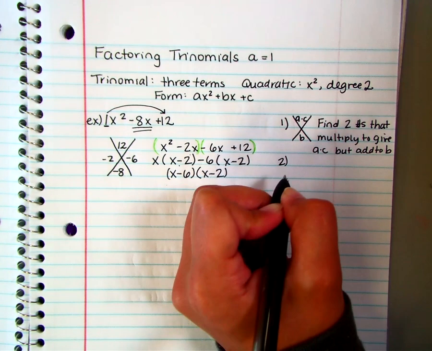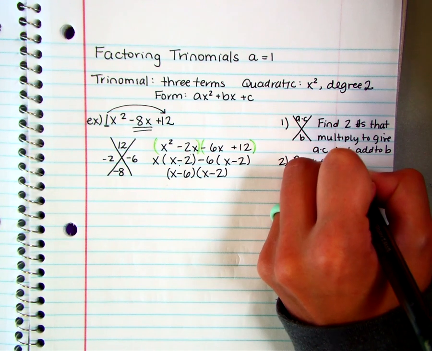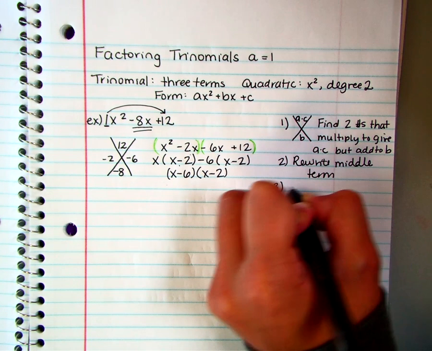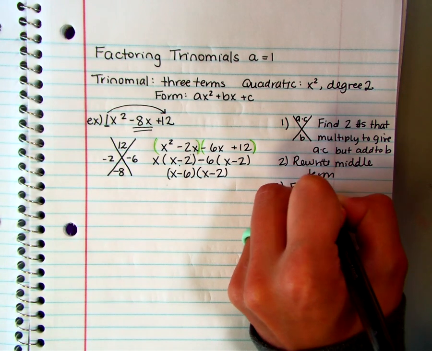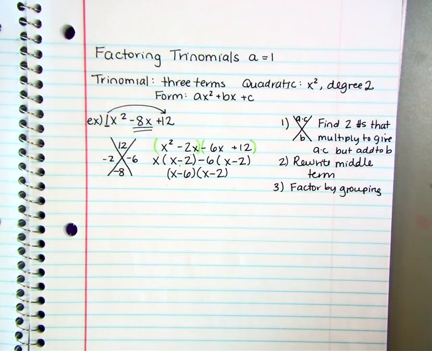And then step 2 is rewrite the middle term. And then step 3 is to just factor by grouping. And you can go back and look at the factor by grouping steps if you want them all in one place.